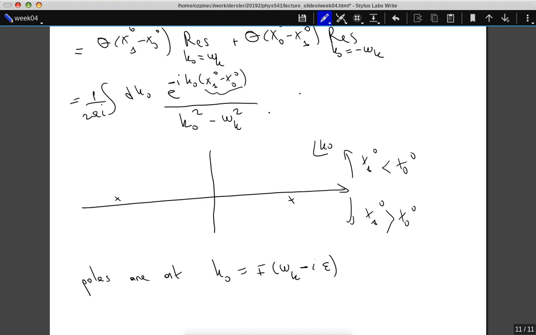So the denominator over here, I can actually write, okay, so k0 squared minus omega k squared is actually 1 over k0 minus omega k minus i epsilon, k0 plus omega k minus i epsilon.